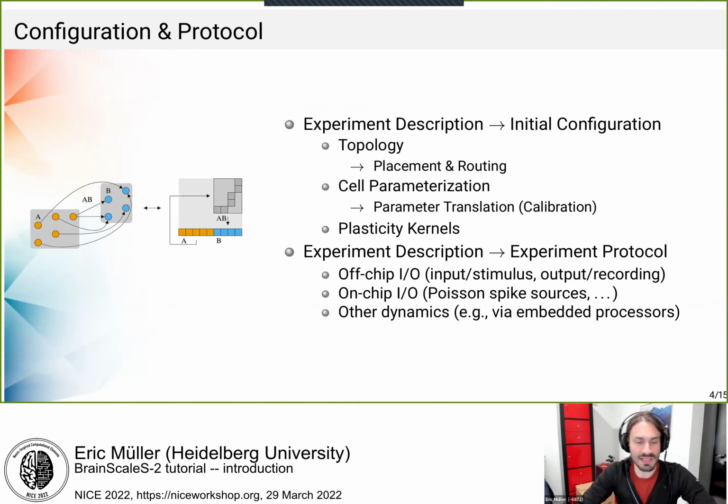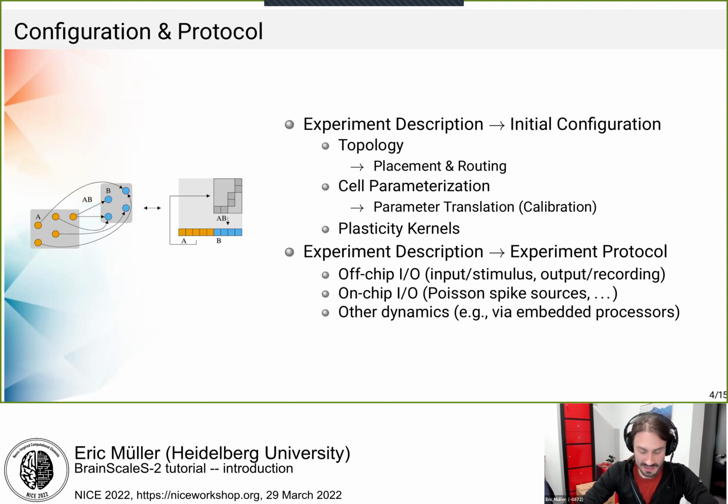But in general, that's one of the basic tasks that we work on and which will be available soon, but it's not part of this tutorial. So in the tutorial, you will have to work with low-level values that are directly programmed to the chip. But the topology conversion is happening automatically.